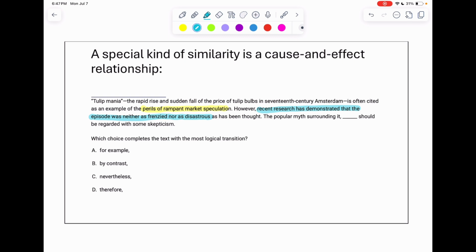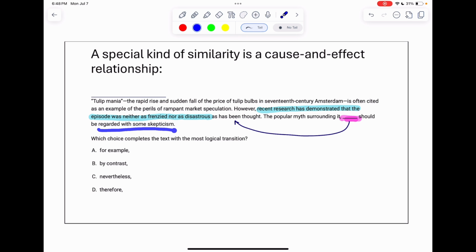And then, even though the transition word comes later in the sentence, transition words always connect to the sentence that comes before. So actually, we don't need to worry too much about that first sentence here. How does the idea that it really wasn't as frenzied or disastrous as people thought relate to the idea that now we're saying that myth should be regarded with skepticism?